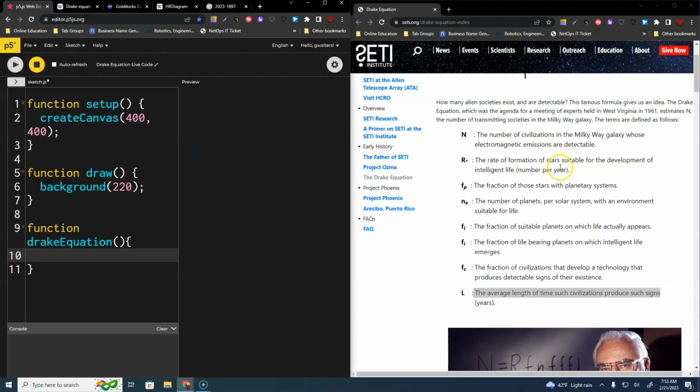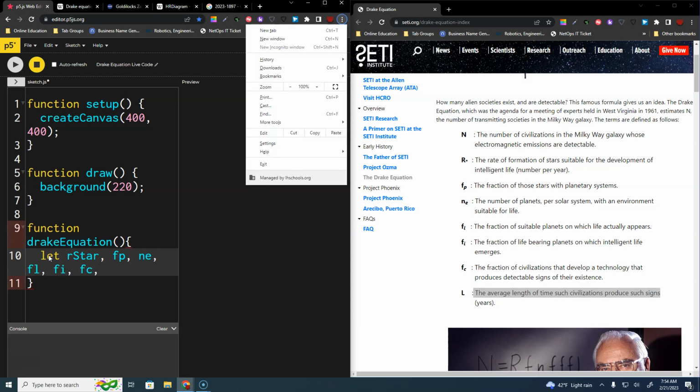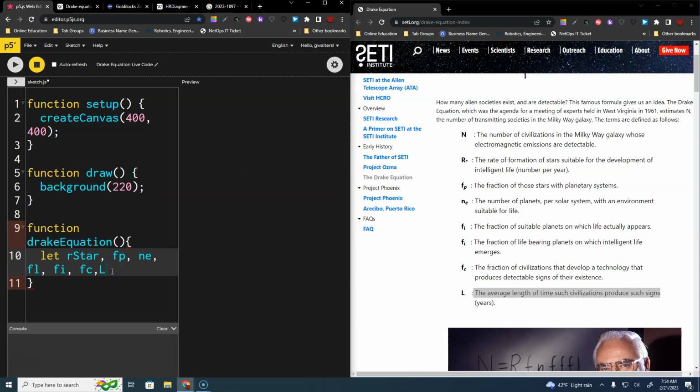Let's do 2 separate. We're going to build this. Each one of these we're going to pass in, and we can start putting some values. So we're going to do let R star, F of P, N of E, F of L, F of I, F of C, and L. Okay, those are what we're going to compute.